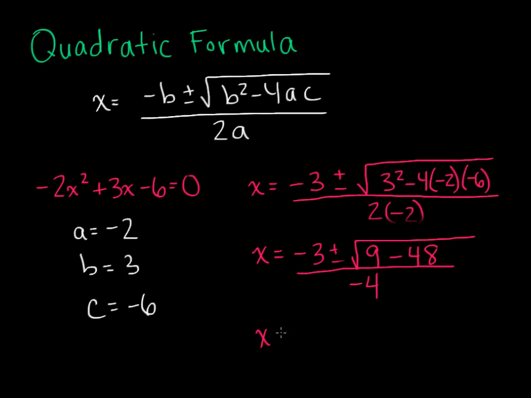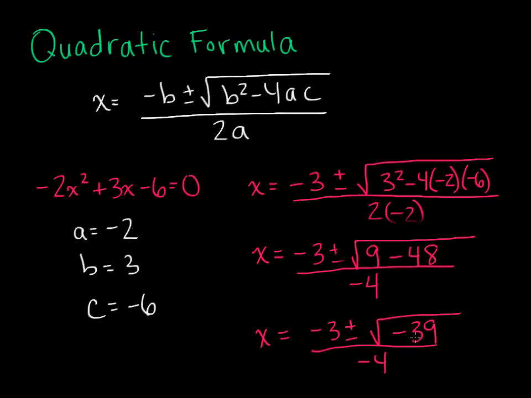And if we try to simplify this farther, we get negative 3 plus or minus the square root of 9 minus 48, which is negative 39, all over negative 4.